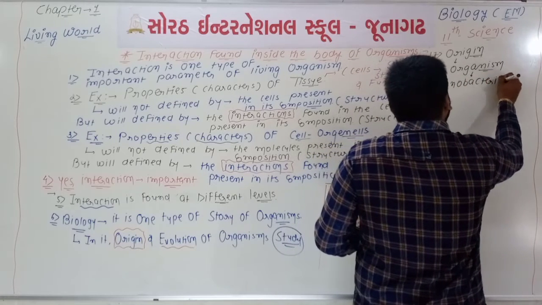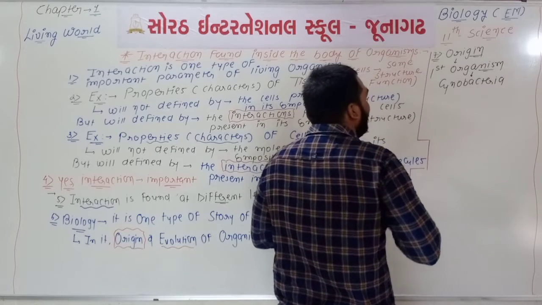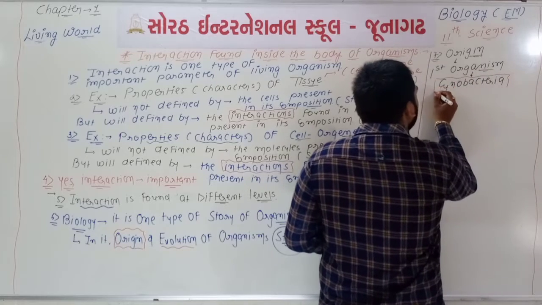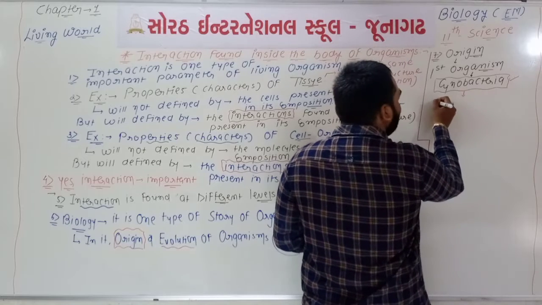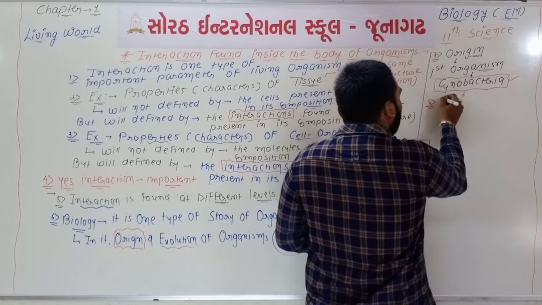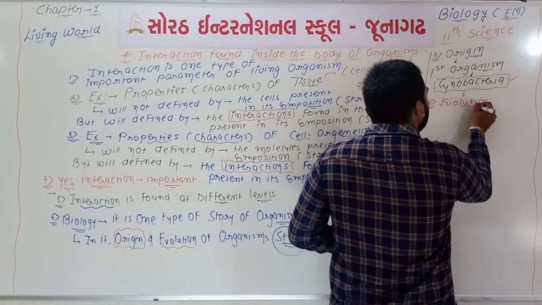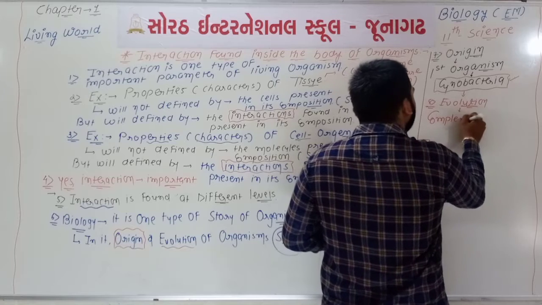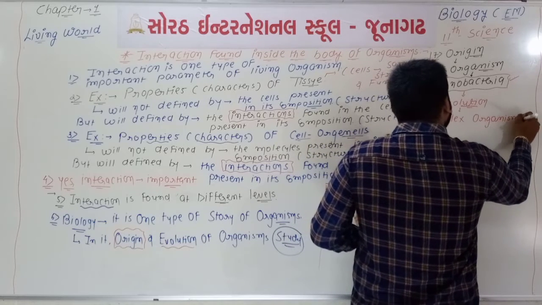So cyanobacteria were the first living organisms found on this earth. Then from cyanobacteria, with the help of the process of evolution, complex organisms will be formed.